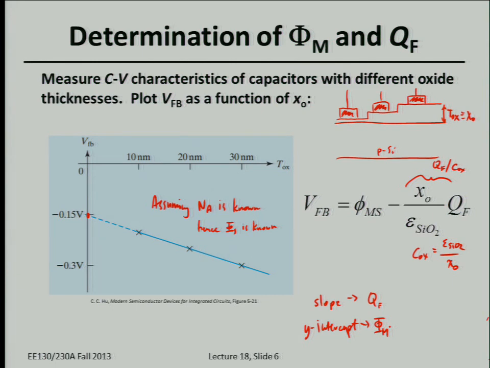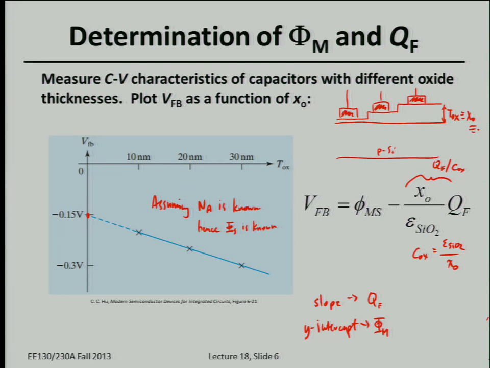But in recent years, as we've scaled the size of the transistors, we really have had to scale aggressively the oxide thickness. And as I'll explain later at the end of this lecture, people have really had to go to metal as the gate material. And so more than 10 years ago, people were starting to characterize, okay, what is the work function of various metal materials on various dielectric materials?